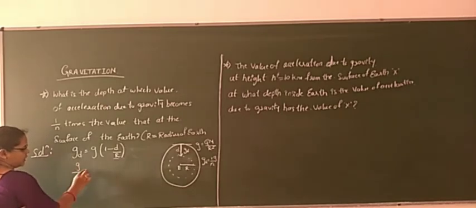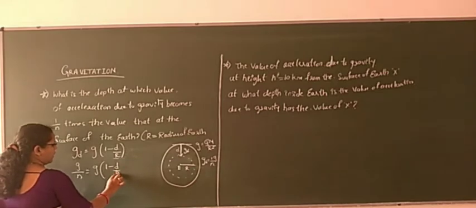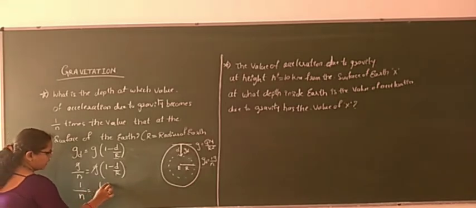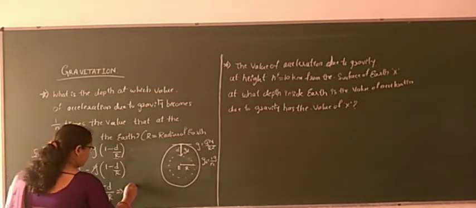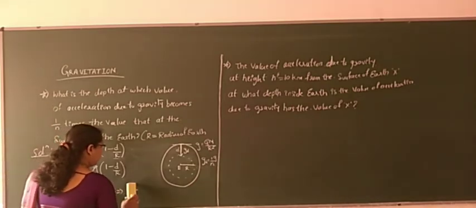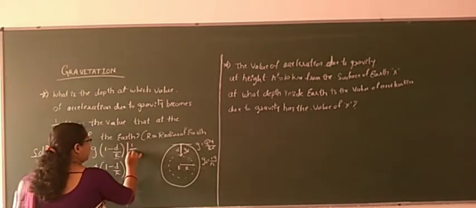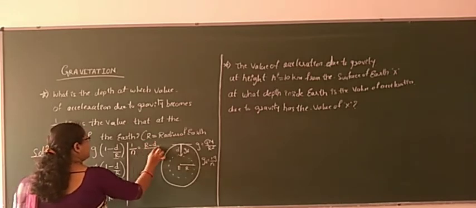Then g gets cancelled, remaining with 1 by n equal to 1 minus d by r, so 1 by n is equal to r minus d by r.